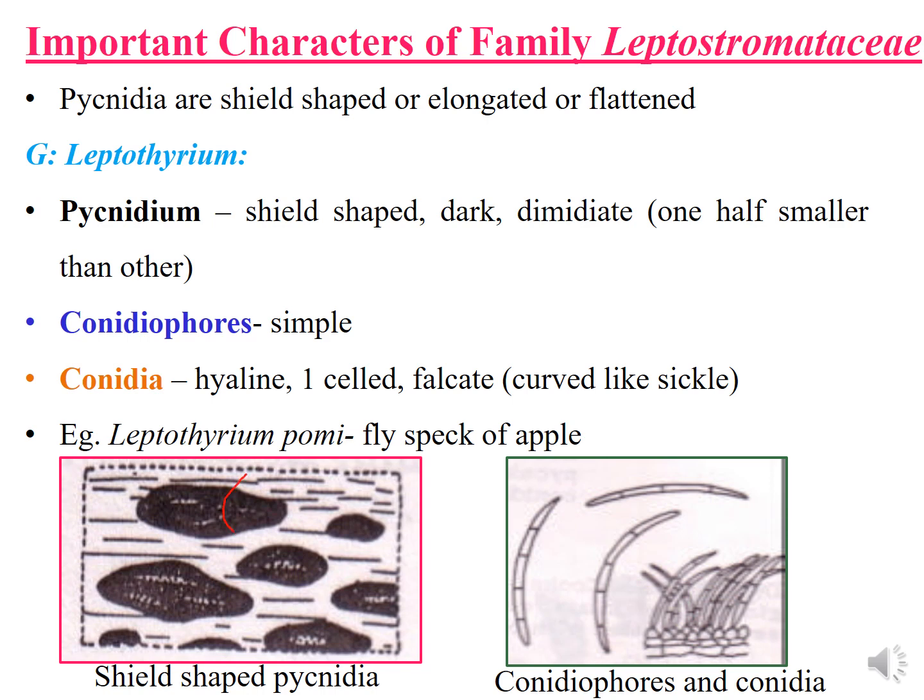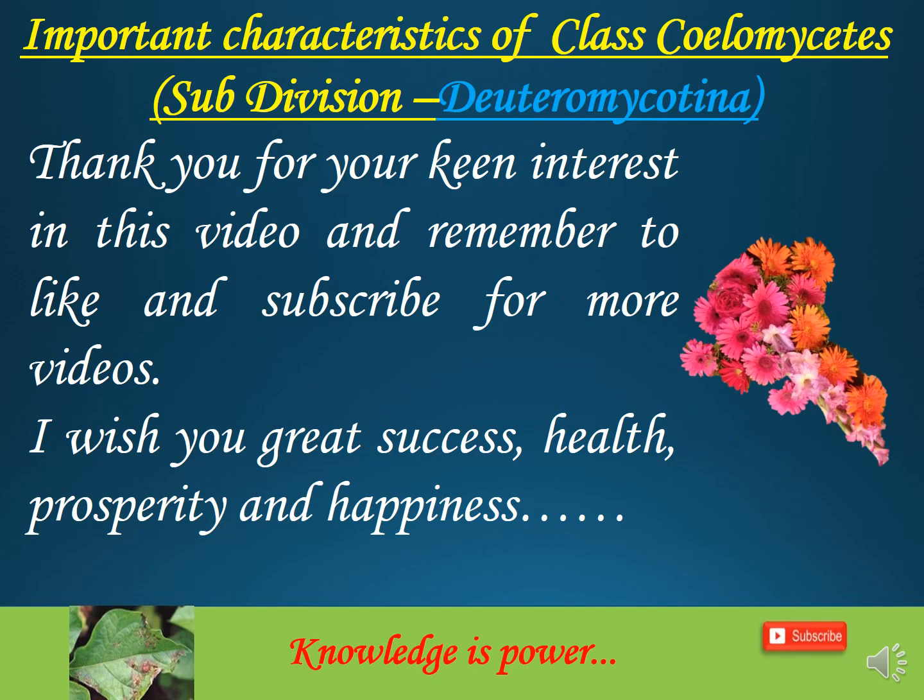Here you can see one half is smaller, one half is larger. Conidiophores are simple. Conidia you can see are septate and falcate, looking like a sickle shape, and here it is one celled, but septate. An example is Leptothyrium pomi, the fly speck of apple.